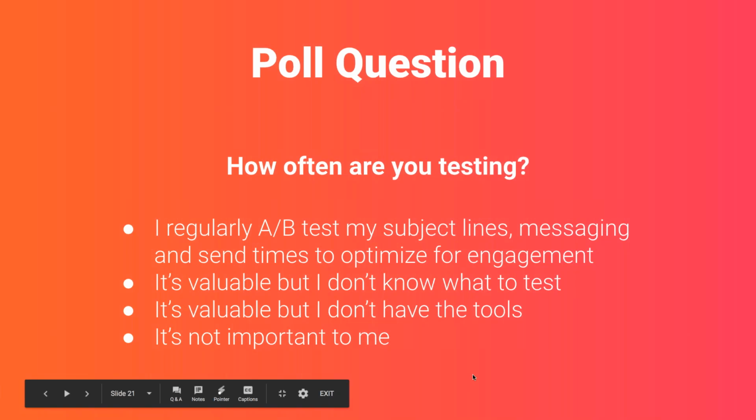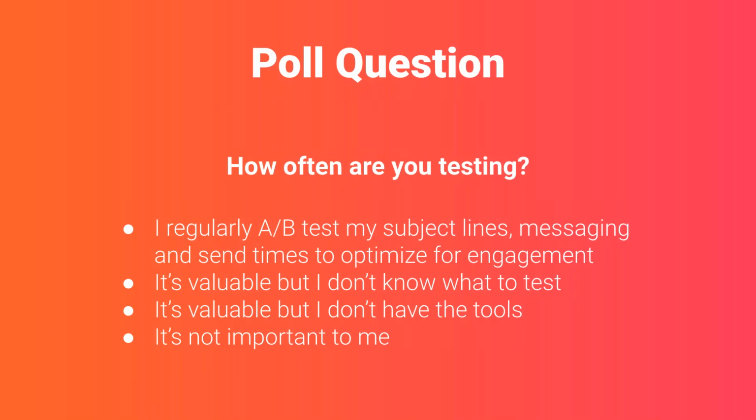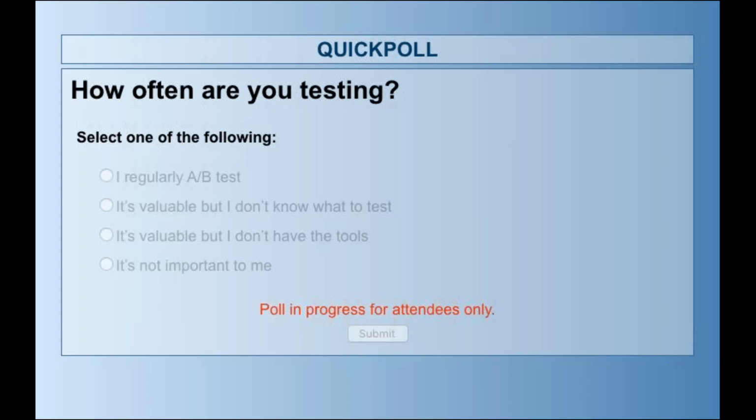So at this point, I'm going to pass it back to Persephone for a poll. Great, thanks, Amy. So let me get that ready for everyone in the audience here. And with this one, how often are you testing? The options available to you are: I regularly A/B test subject lines, messaging, and sometimes to optimize for engagement.